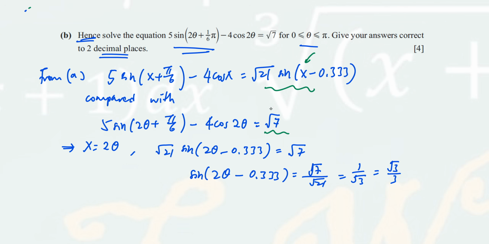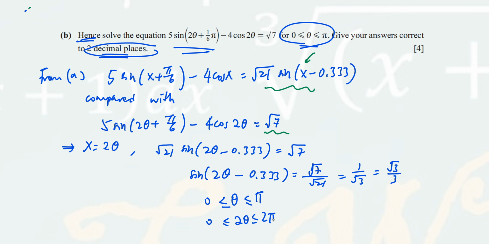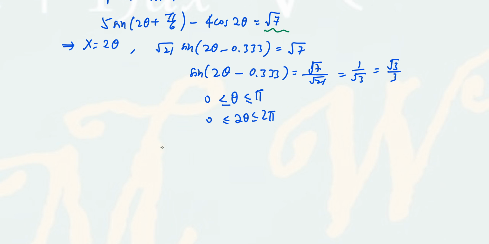Now we need to calculate and solve this. Remember, your theta is between 0 and pi. So I will write down my theta is between 0 and pi. And now I'm solving 2 theta, so 2 theta will be between 0 and 2 pi. Now I need to find my basic angle.